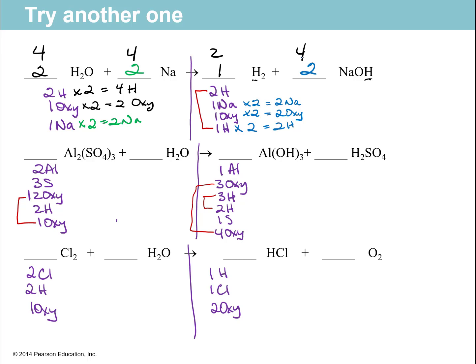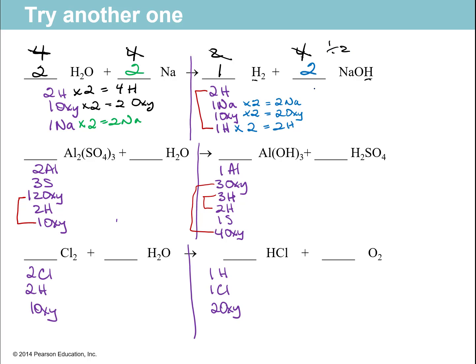So when you get done, if you could divide all your numbers by 2, simplify it. I usually take a point off because you did balance it, you just didn't simplify it at the very end. So if you get a number where they're all even numbers, go ahead and simplify. Or even if you got like 3, 3, 6, and 9, you could simplify those. That's the only difference with these, they could all be divided by 2.